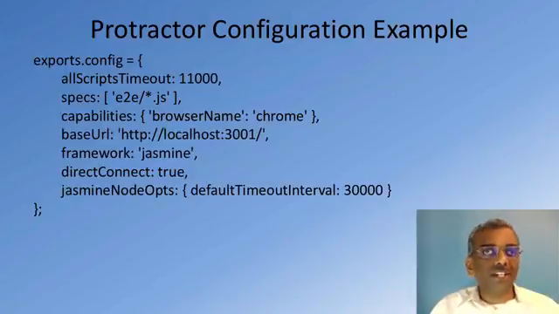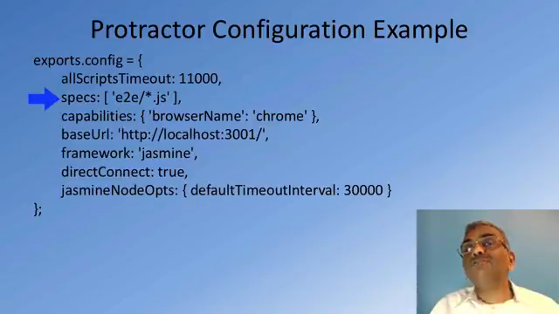The way you specify it for Protractor is you say exports.config, and then it's a JavaScript object, as you can see. The first one says allScriptsTimeout 11,000. So after 11,000 seconds, if things don't respond, you just time out and create an error. The second one says specs, and then in square brackets you specify the JavaScript files which contain the specifications for your tests.